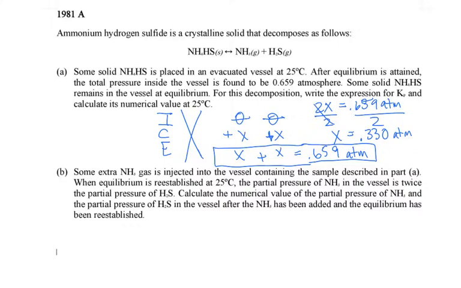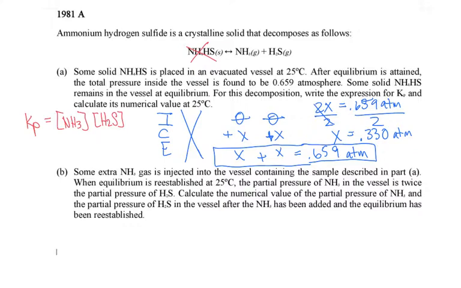Okay, so then the problem asks us to write the expression for Kp and calculate its numerical value. So on the left side, I'm going to do that. My Kp expression is going to equal the pressure of ammonia times the pressure of H2S, and because this is a solid, I'm going to ignore my reactant in that expression. So this is just my Kp expression.